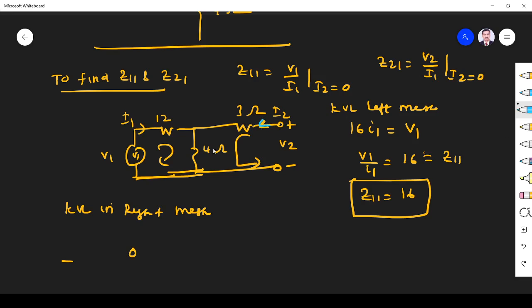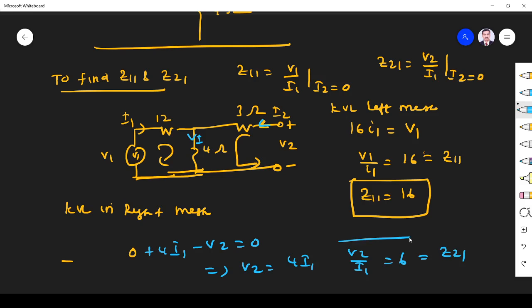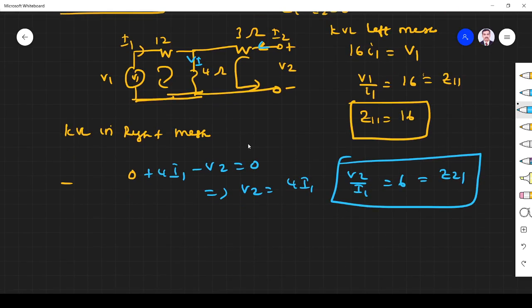So 3 into I2, which is 0, plus 4 I1 minus V2 is equal to 0. This implies V2 is equal to 4 I1. V2 by I1 is equal to 6. V2 by I1 is nothing but Z21. So we got Z11 and Z21.